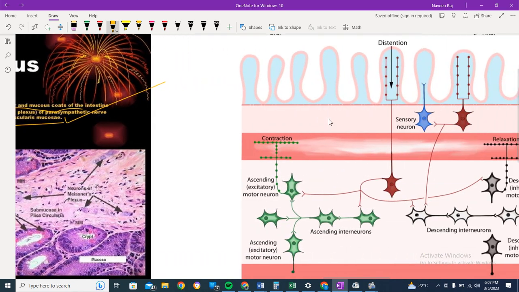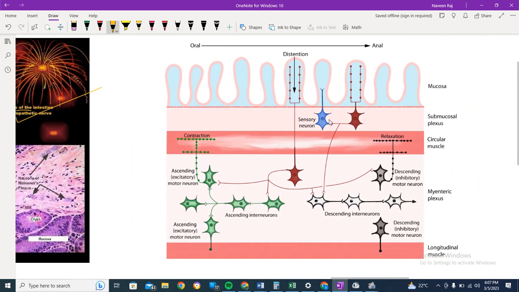While if you talk about the myenteric plexus, it has got more important function. The myenteric plexus is also very, very important. It has two different functions. The first one is it controls the nerve impulses. Like here, this is a very detailed diagram, but I'm not going into it, just giving the concept. In the myenteric plexus, we have got the function of nervous control, control of nerve impulses which are traveling throughout the walls of the stomach.